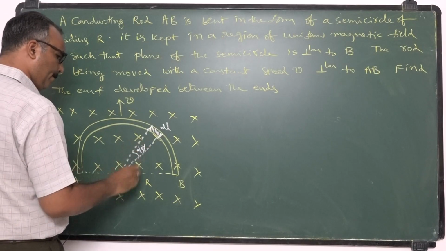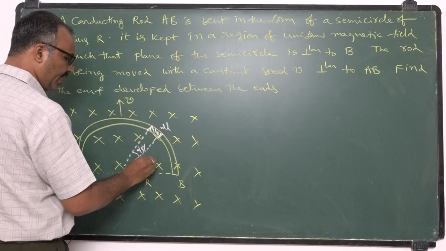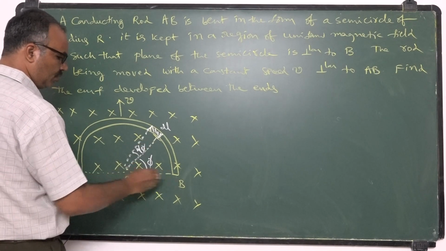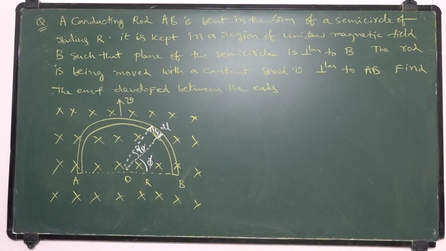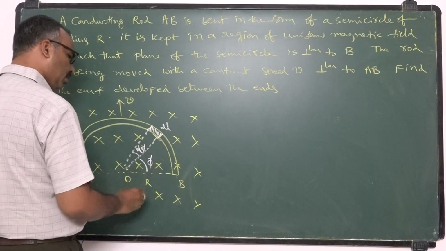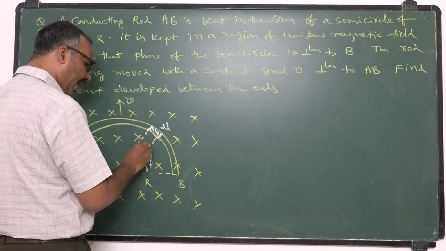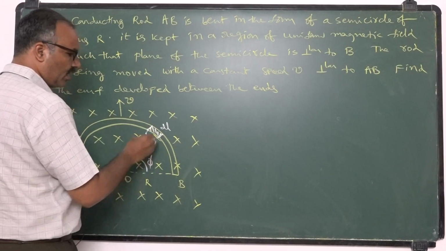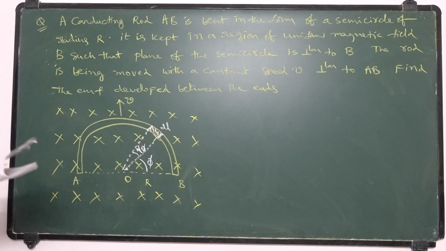The element is located at an angular separation of phi with respect to the radius. So dl is the length of the element, d phi is the angle subtended by the element at the origin, and phi is the angular position of the element.